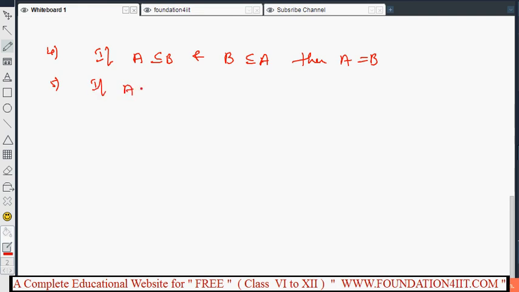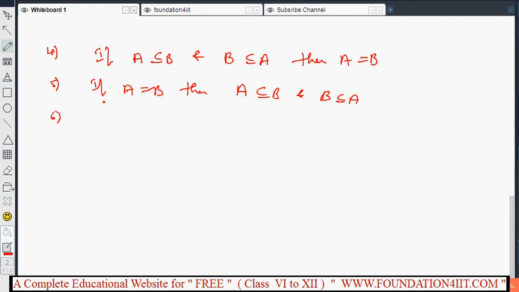Similarly, if A is equal to B, then A is a subset of B and B is a subset of A. So vice versa, you can write both.